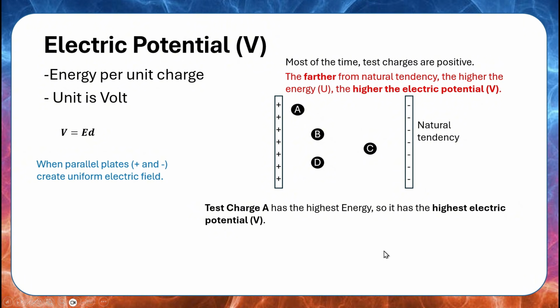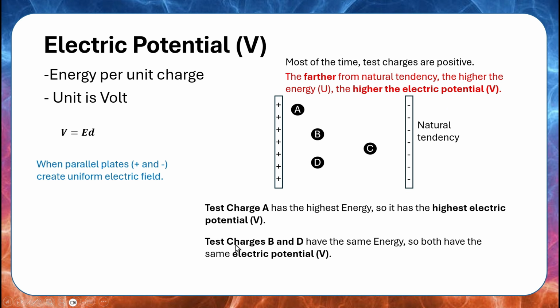Okay, and B and D, they're the second highest. A has the highest energy because it's the farthest from the natural tendency, or the zero reference point. Test charge B and D are the second highest, and they have the same electric potential energy, and both of them must also have the same electric potential.